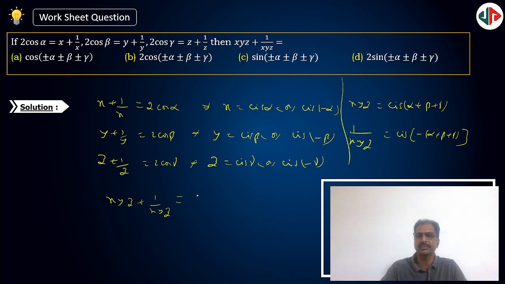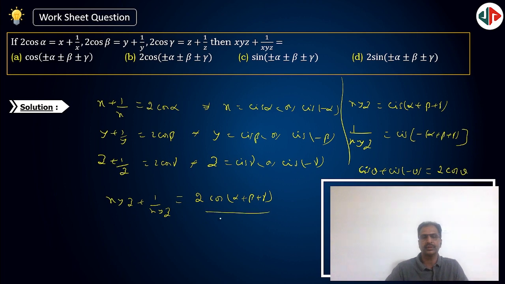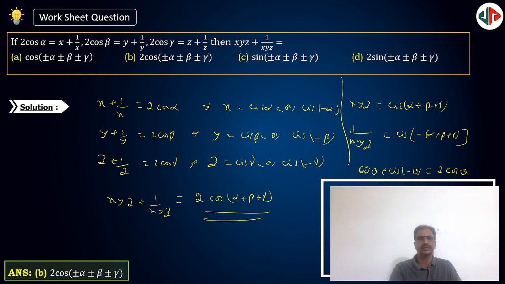Cis theta plus cis minus theta is nothing but 2 cos theta. When you add cis theta and cis minus theta, cis theta is cos plus I sin, cis minus theta is cos minus I sin, the sin gets cancelled, you get 2 cos theta. So this is one value. If you take cis of minus alpha, cis of minus beta, cis of minus gamma, you get it with negative signs. So option B is the correct answer for this.